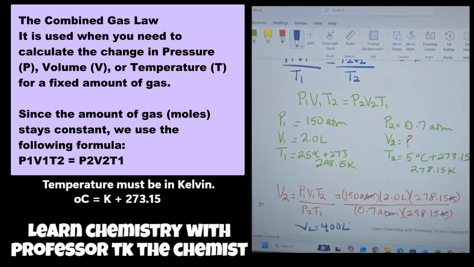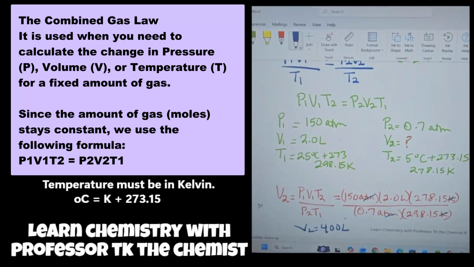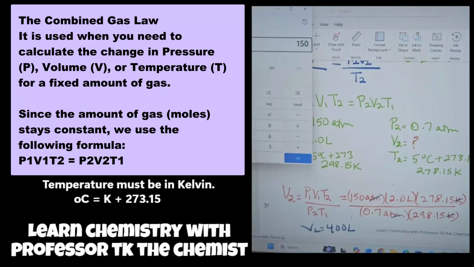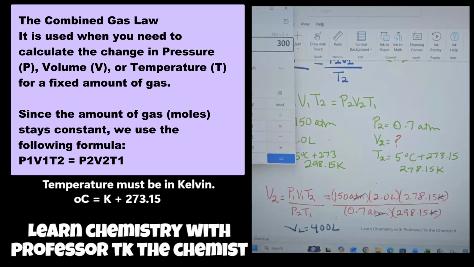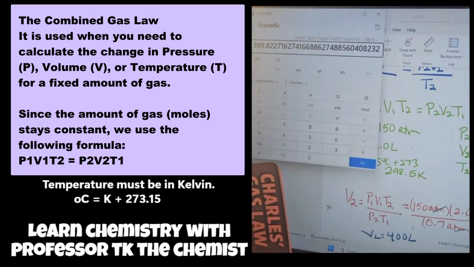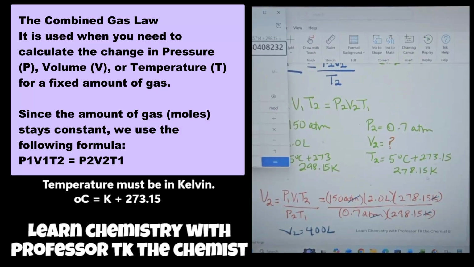Now, if you think about it, there was a lot going on within this problem. So you all just have to be mindful, and let's plug it in and make sure: 150 atm times 2.0 times 278.15 divided by 0.7, then divided again by 298.15. Yep, 399.8, roughly 400. Okay, 400 liters.